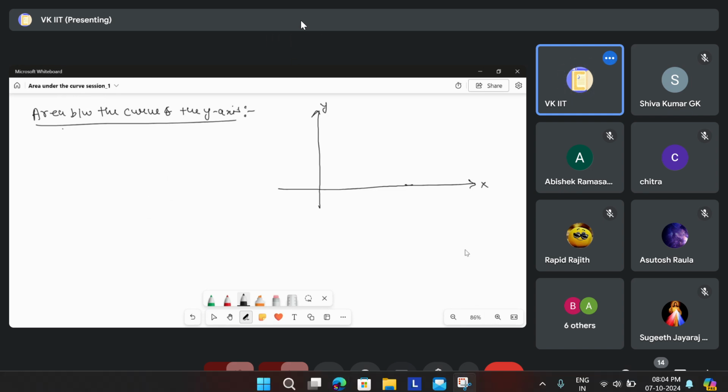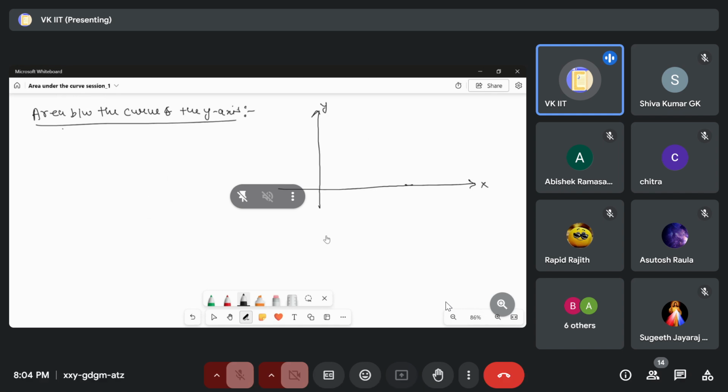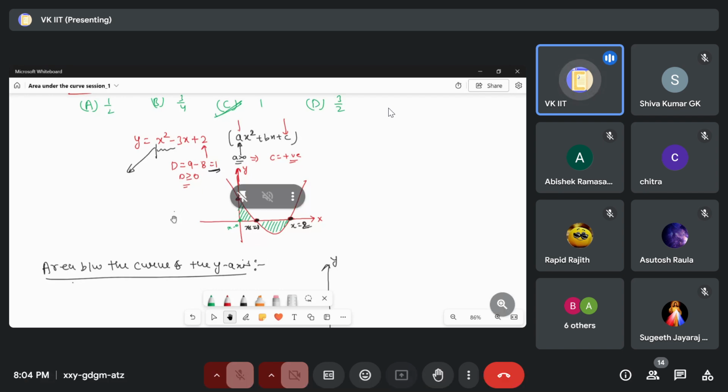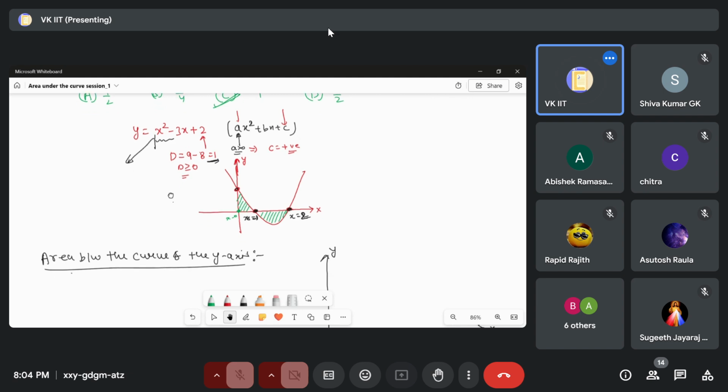Someone is asking something. Yes, the limit. One second. I think you have not written that. The limit is from 0 to 1 and 1 to 2. Okay.